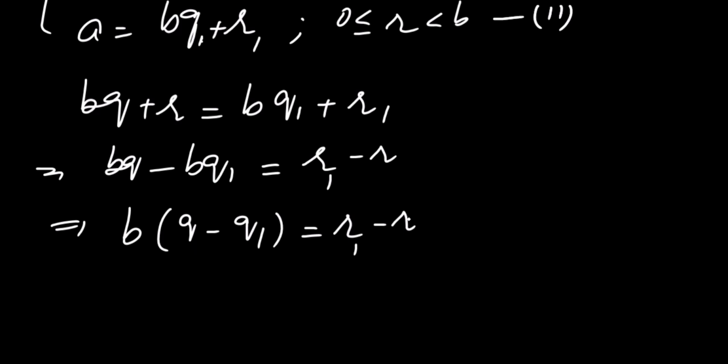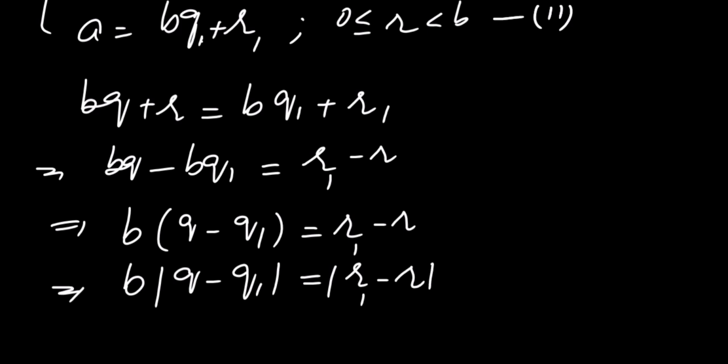Similarly, which value of R is bigger. So for the safe side, we take absolute values on both sides. This becomes B times absolute of Q minus Q1 is equal to absolute of R1 minus R. Say this is my third equation.